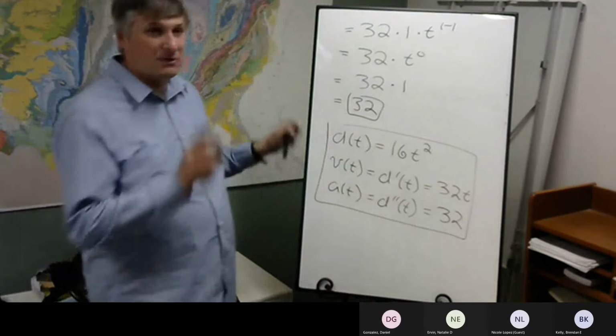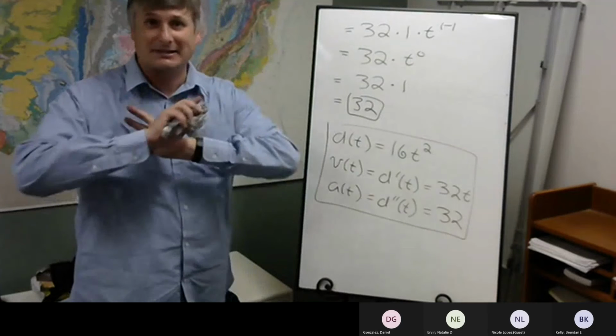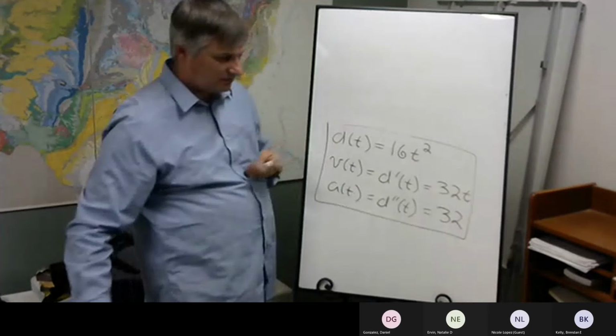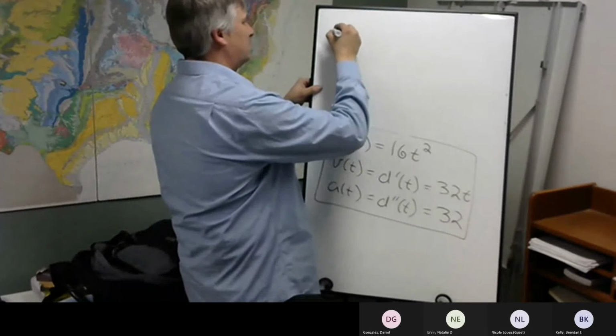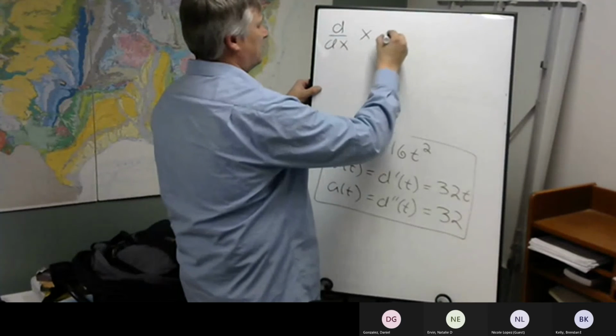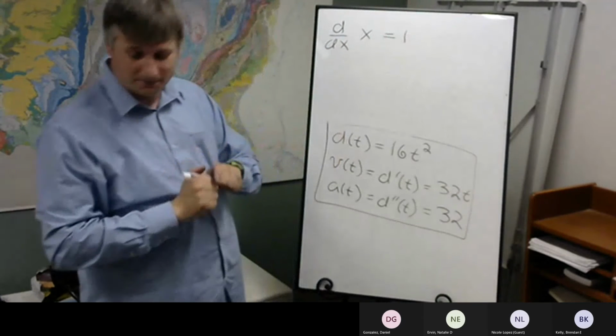Now, indulge me just for maybe 3 minutes, and then that's it. We're done for today. I do want to show that the derivative of x is equal to 1.